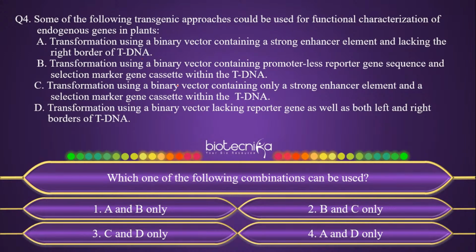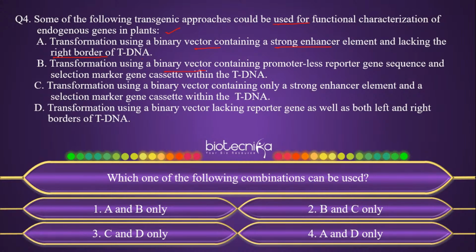Okay, so question 4 is about transgenic approaches. Some of the following transgenic approaches could be used for functional characterization of endogenous genes in plants. A. Transformation using a binary vector containing a strong enhancer element and lacking the right border of tDNA.